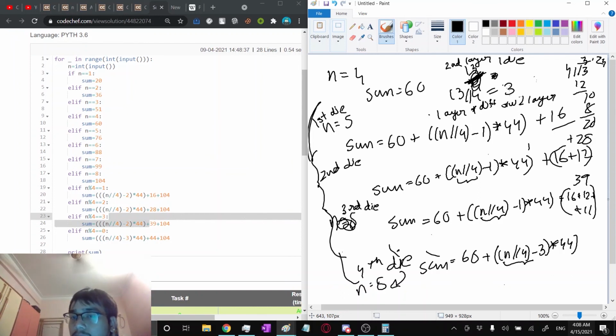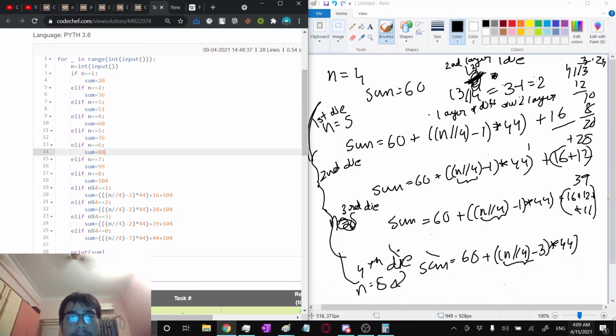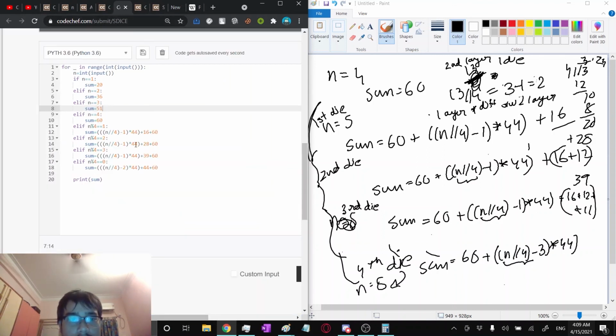And that's why we are now subtracting 1 so that it's the second layer. And if it's the second layer, we're subtracting 2 from it, since the second layer is already done. So all this formula is only valid for third layer and above. But here it is valid for second layer and above.